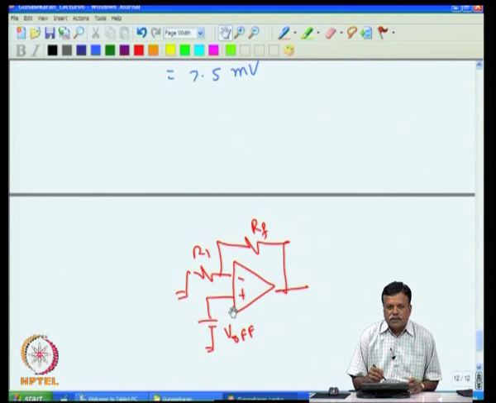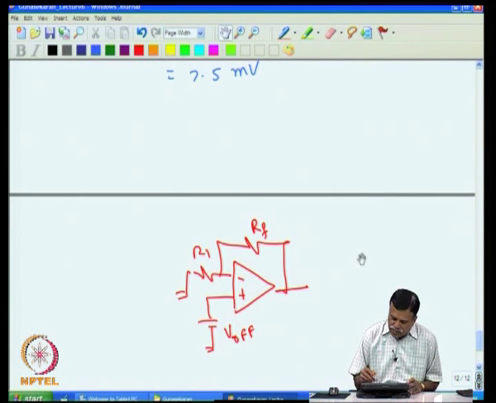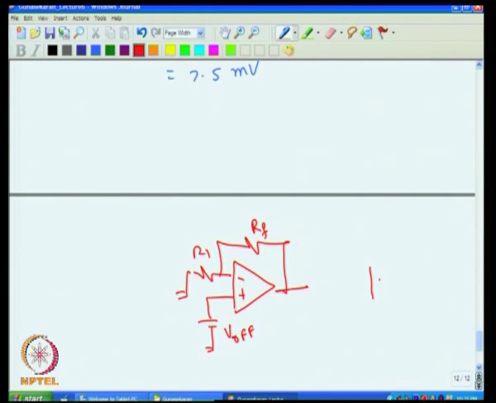If you look at our discussion, the offset voltage is nothing but the base emitter voltage difference between the two transistors, because now I redraw that operational amplifier circuit here. You have the two transistors at the input, and that is connected to this. Recall our old circuit, plus 15 here and minus 15 here, and this is the plus terminal, this is the minus terminal.